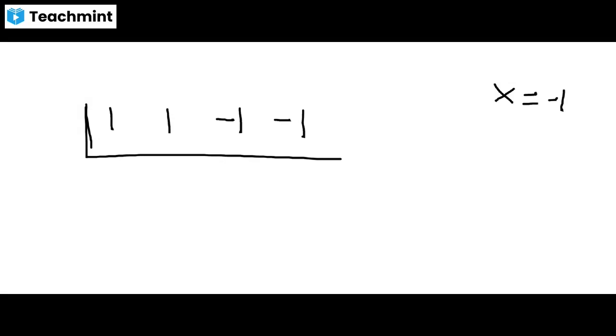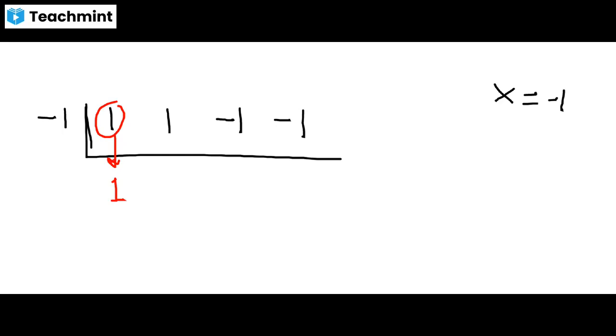Right, now this first coefficient, write down below straight. Okay, now multiply these two numbers. What do you get?